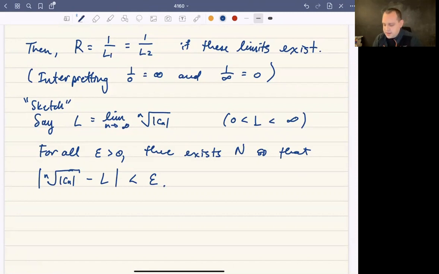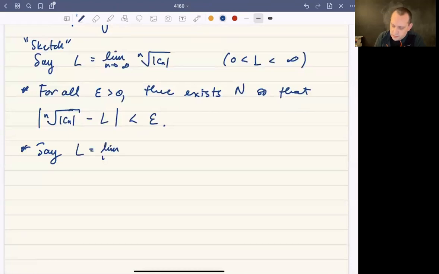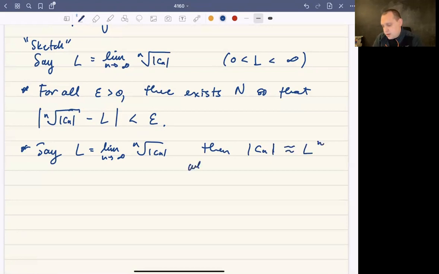So let's say that if L is the limit as n goes to infinity of the nth root of the modulus of C sub n, then the modulus of C sub n is going to behave like L to the n. That's the idea, at least when n is large.